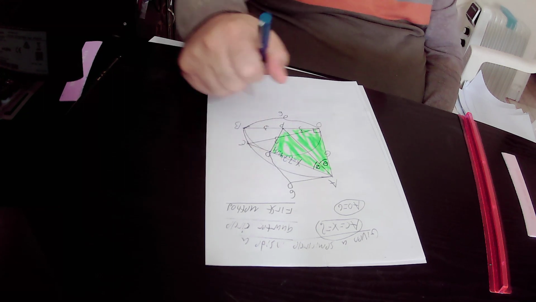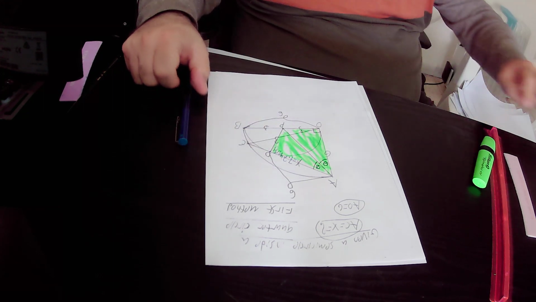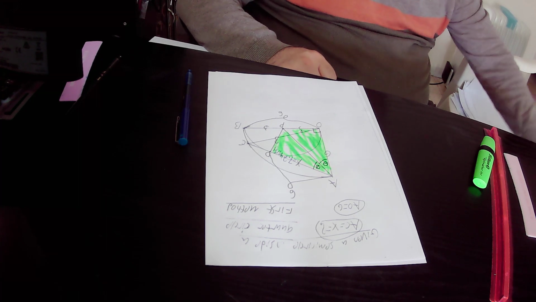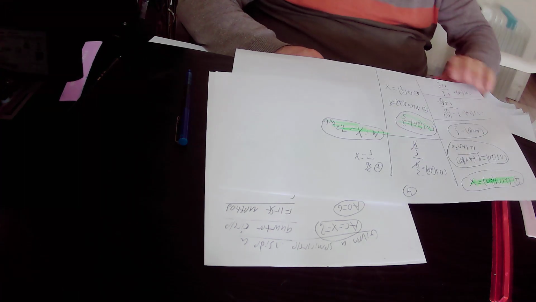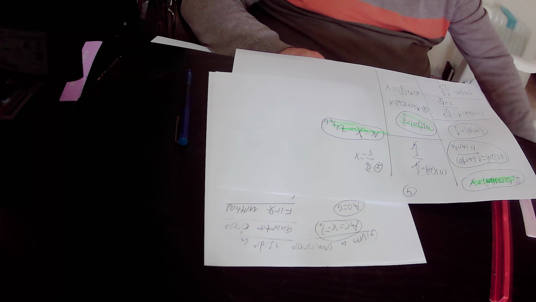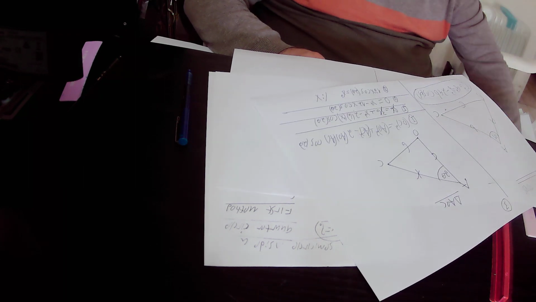We finish with the first method. In the next step I will present to you how to find the length of line segment AC, that is equal to x, according to the second method.